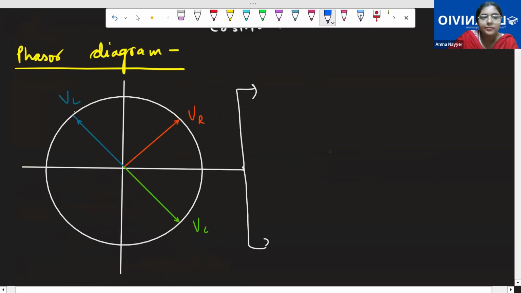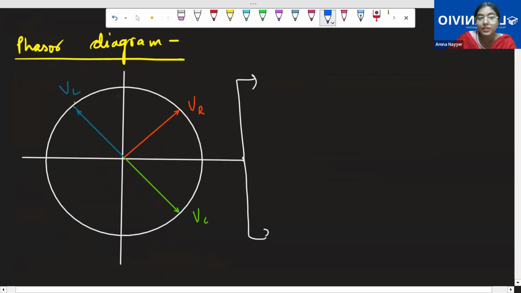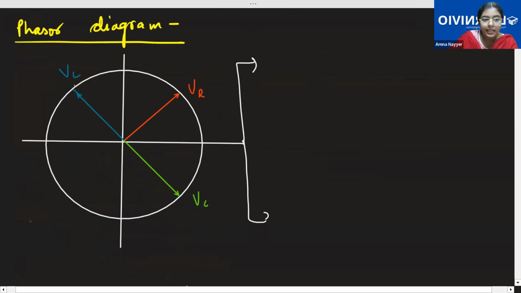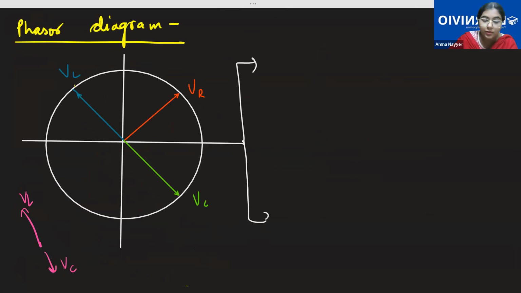Now see, how will we decide the phasor diagram here? Resistance will be there at its place. But what about VL, VC? These are two phasors exactly in the opposite direction. So two possibilities are there. Either we can have VL minus VC, where the net direction will be towards VL, or we can have VC minus VL, where the net direction is towards VC.